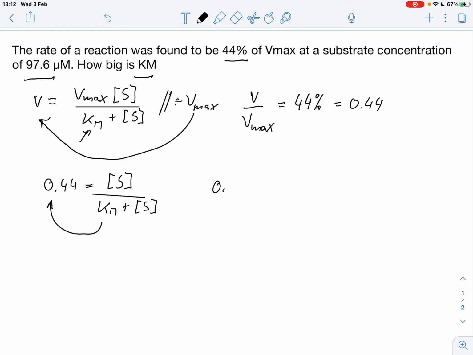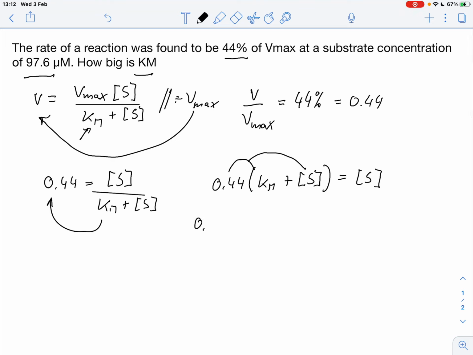We get 0.44 times Km plus S equals S. Now the next step is to multiply this 0.44 into the bracket, and we get 0.44 times Km plus 0.44 times S equals S. And that's fairly easy to solve.